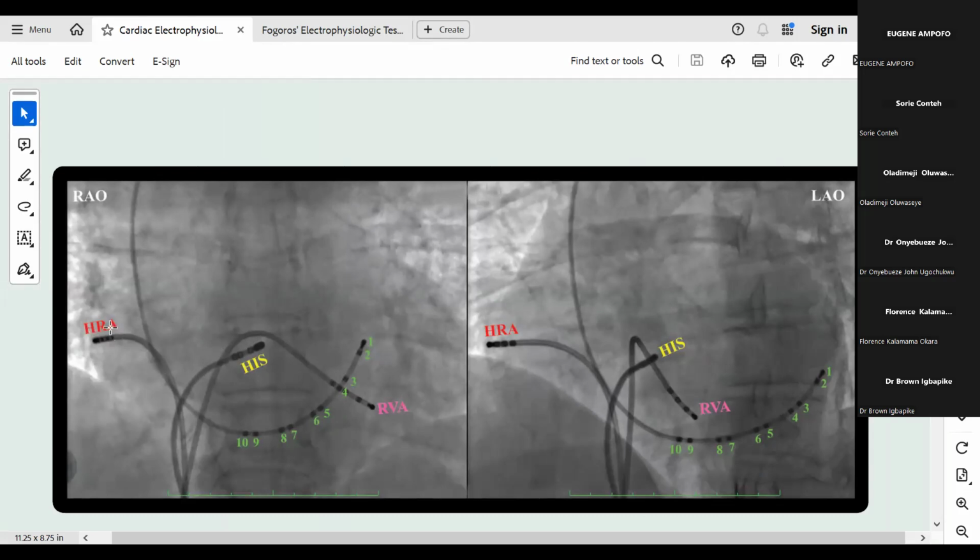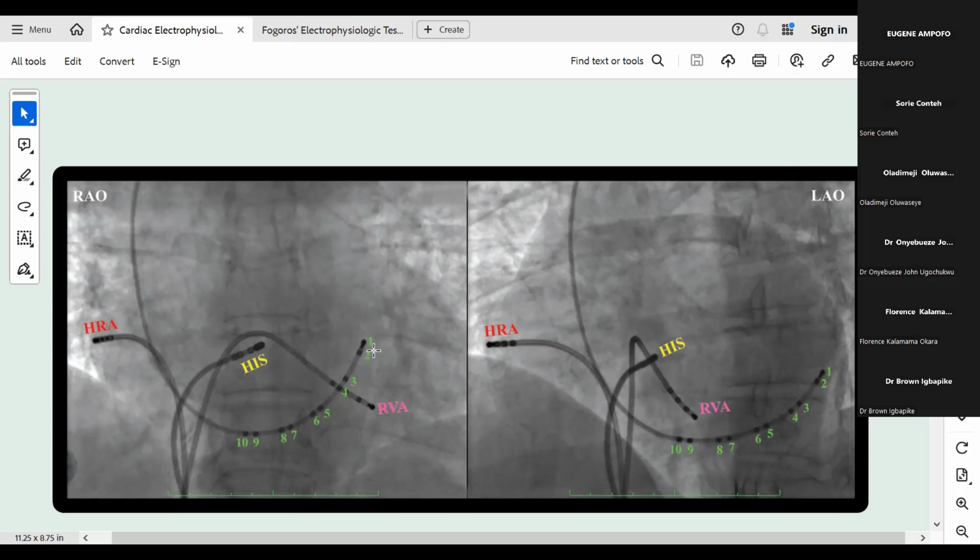There's the HRA, that's in the upper right atrium. There is the RV catheter that goes to the RV apex; RVA is the RV apex. There's a catheter touching the His, the His catheter or HB. There's a catheter in the CS, the coronary sinus, which they've labeled very well, decapolar.